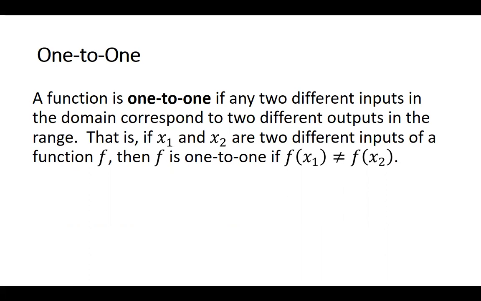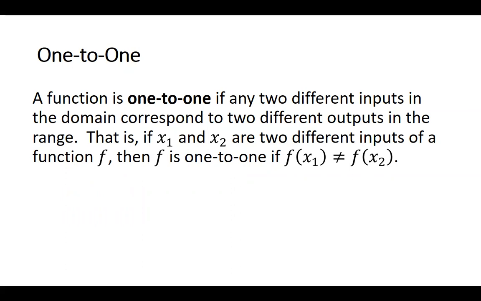When you're dealing with one-to-one, we're saying it has to go the other direction, that I can only have one of each last name in the class also. So if I have Michael Jones and Chris Jones, I do not have a one-to-one function because I have two different x values that give me the same y value. So I'd have to have Michael Jones and Chris Smith.